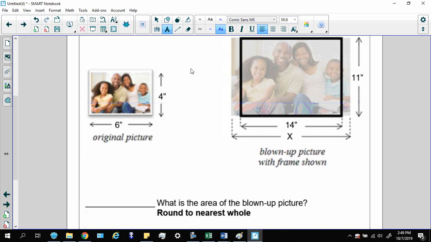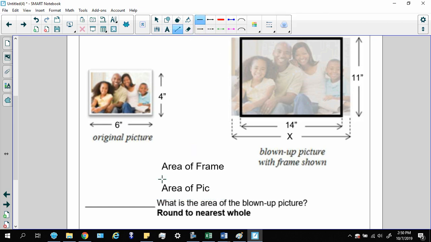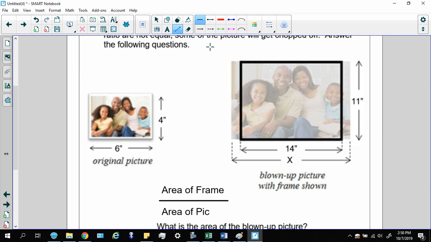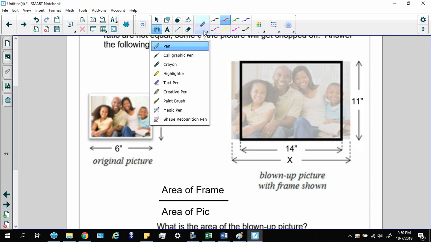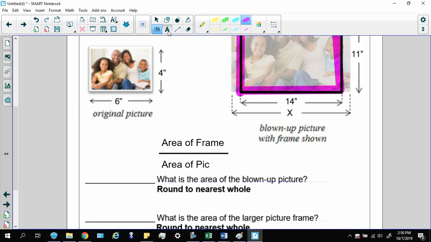Remember, this is going to be the area of the frame over the area of the picture, so we're going to do that as a fraction. The area of the frame is simple because I already gave you everything. The height is 11 and the width is 14, so 11 times 14 gives you 154.